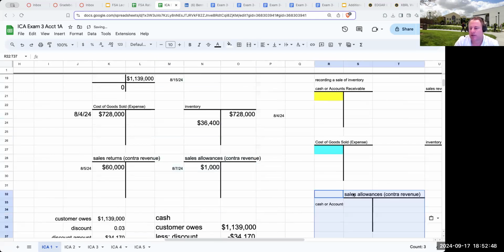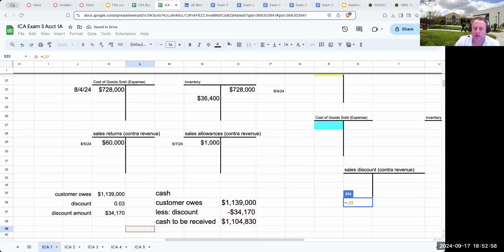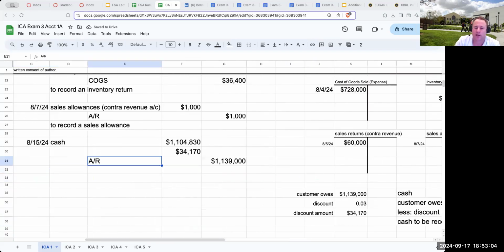I'll just add this over here. Sales discount. And this is also a contra revenue account, right? So the sales discount is going to be 34,170 on 8/15. I'm going to come over here and say sales discounts for 34,170.